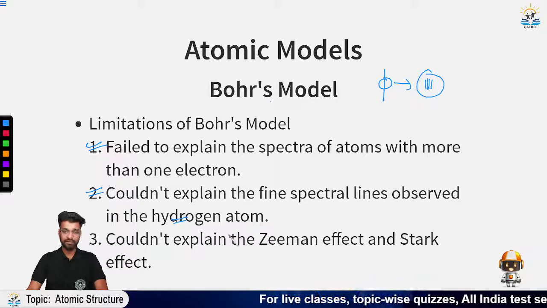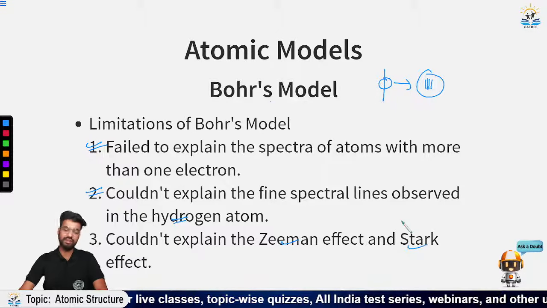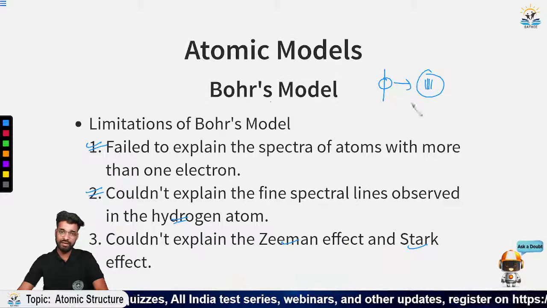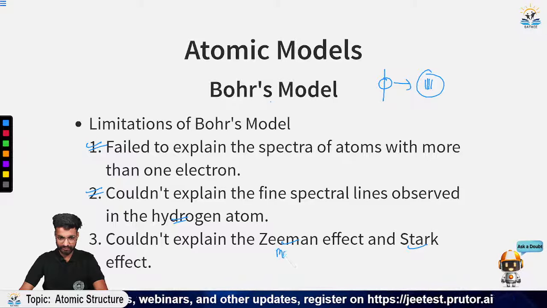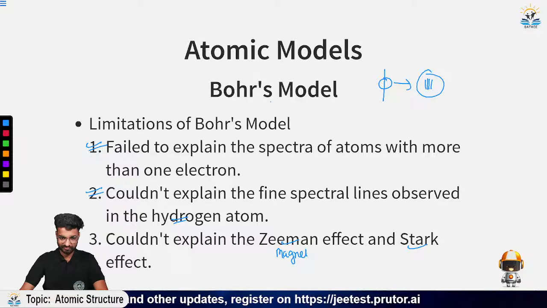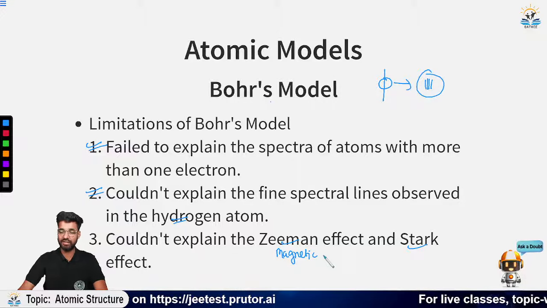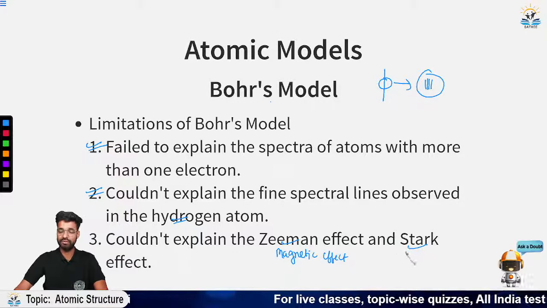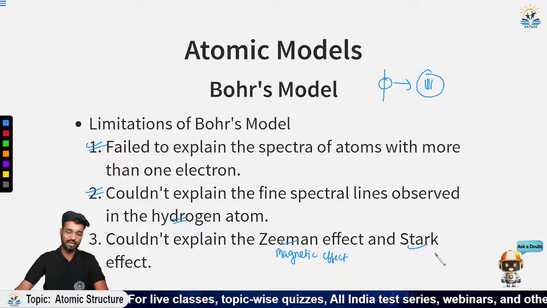Further, it could not explain the Zeeman effect and the Stark effect. So what is the Zeeman effect? It is nothing but the splitting of the spectral line in the presence of a magnetic field. This is higher modern chemistry or modern physics, you can say. This was later explained by quantum mechanics, but the Bohr model could not explain it.